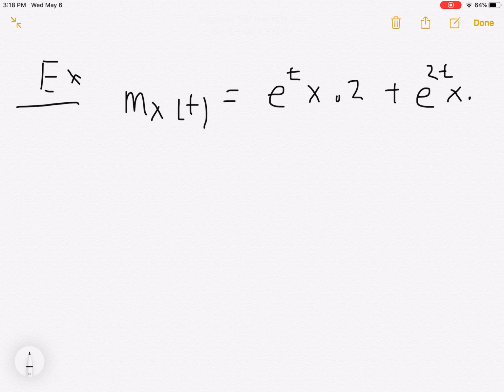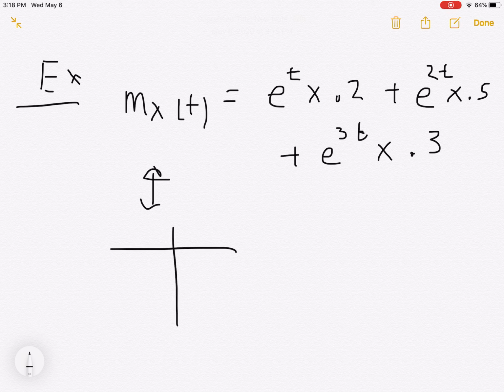So let's suppose that our moment generating function is e to the t times 0.2 plus e to the 2t times 0.5 plus e to the 3t times 0.3. And this corresponds to this probability density function, x, p of x.